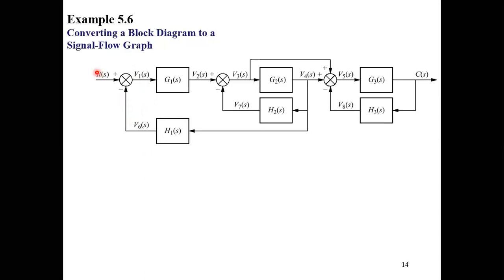In this example, we have already been given the signals, so count these signals: R of S, V1 of S, V2, V3, V4 of S, V5 of S, V6 of S, V7 and V8, and the last output signal is C of S. So in total we have 10 signals, 10 nodes. Okay, so we'll write 10 nodes.